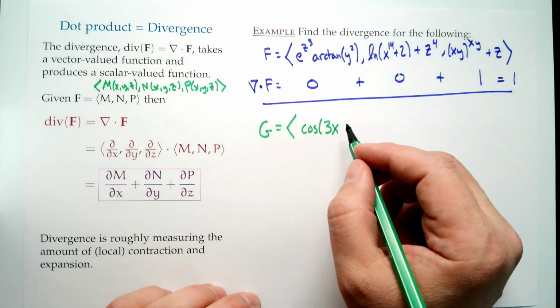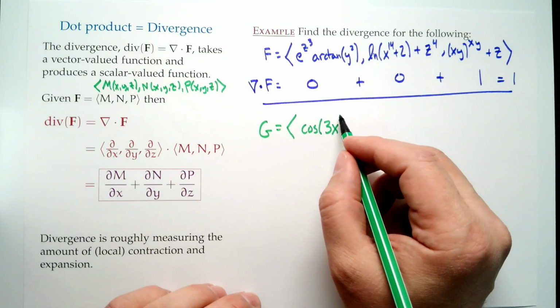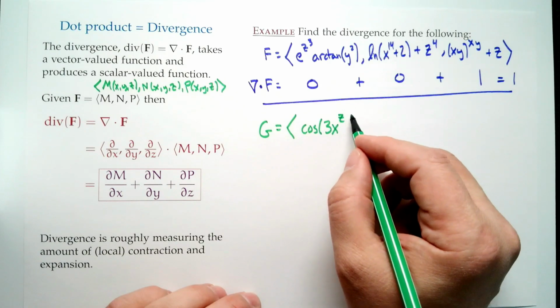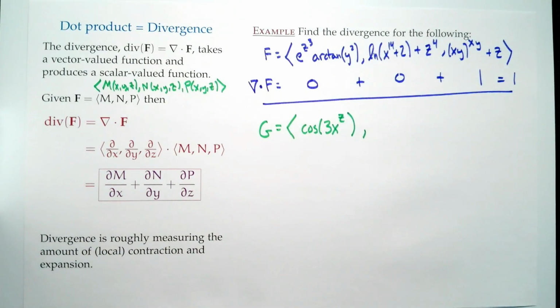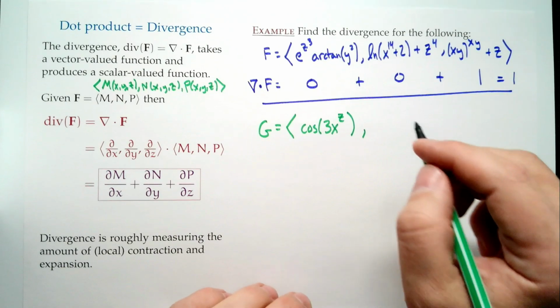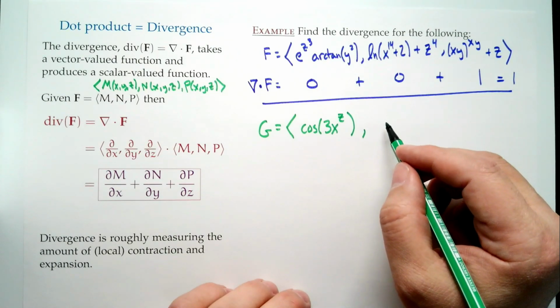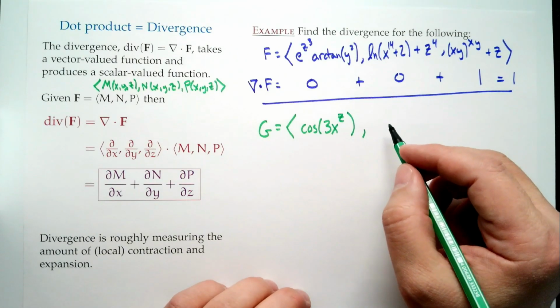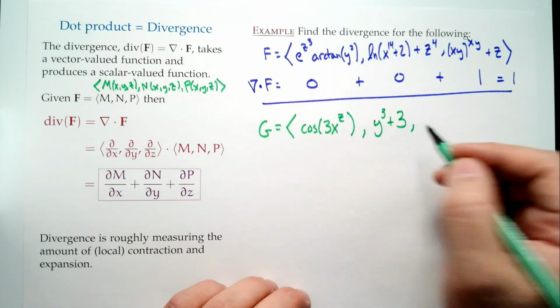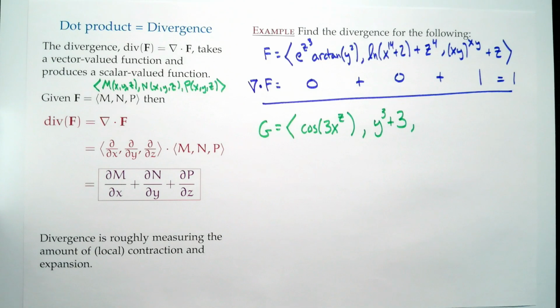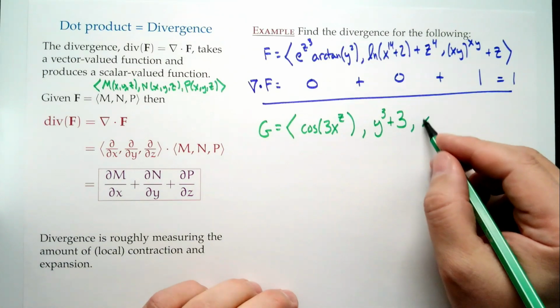Comma. What's the next entry? Y cubed plus 3. Somebody likes me. Thank you. Comma. XYZ.